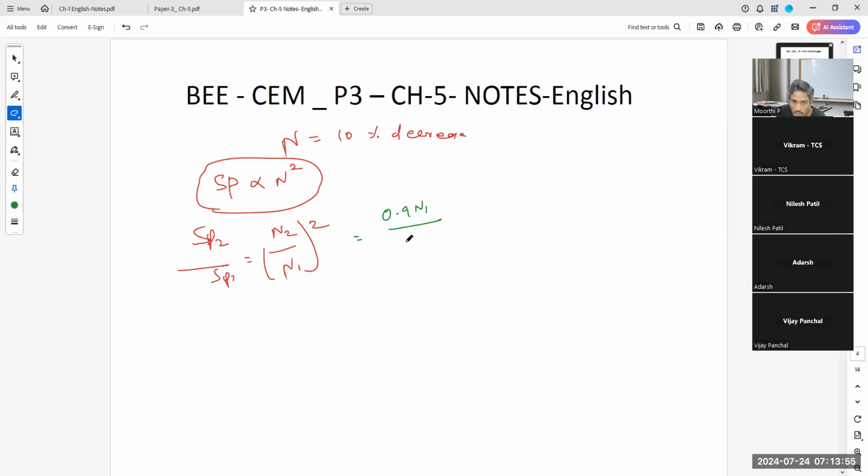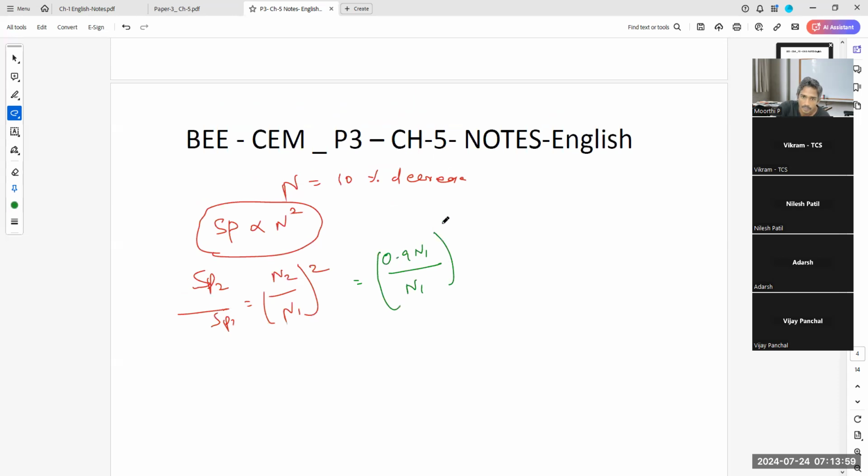N1 is N1, this is original. Then whole square. Now tell me the value. N1 cancel. 0.9 square. What is 0.9 square? 0.81.